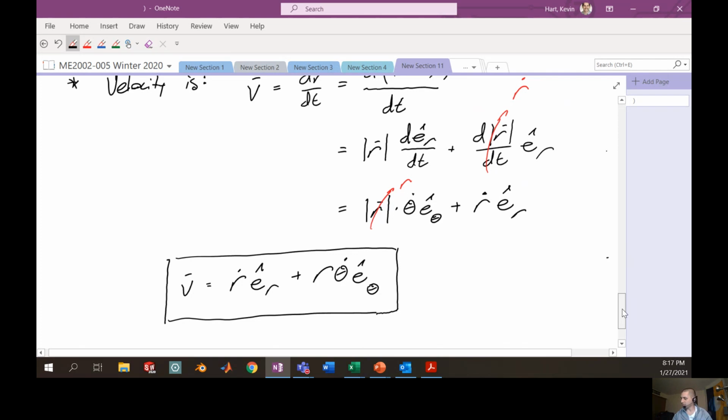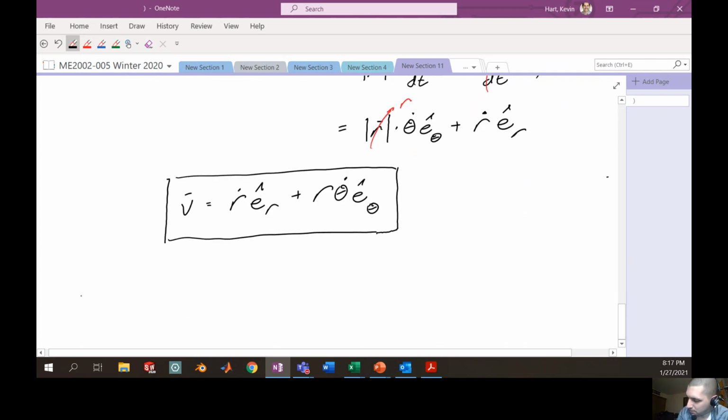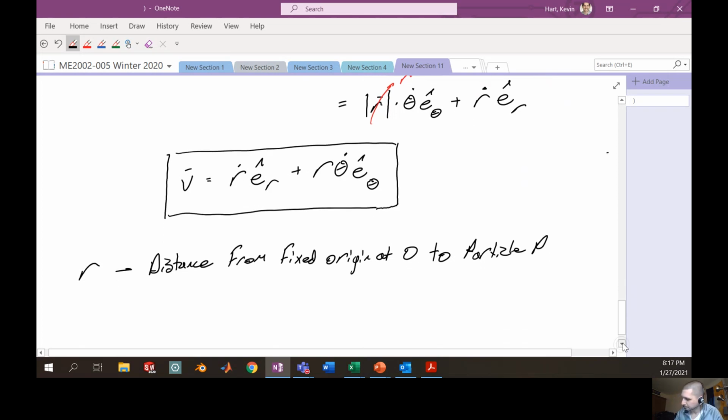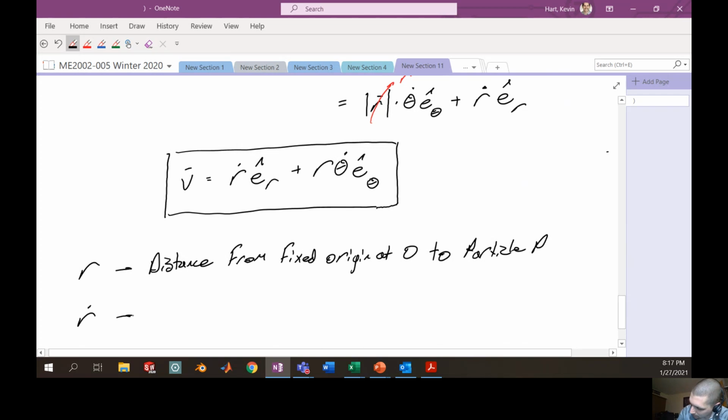Okay, so let's give some actual physical meaning to this. So r is the distance from the fixed origin O to the particle P. r dot is the time derivative of the position.